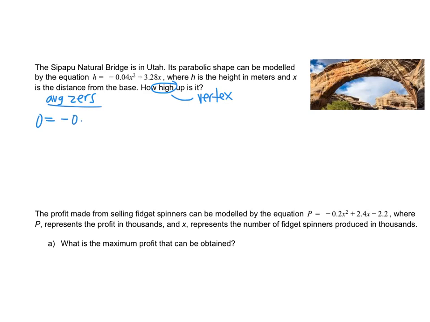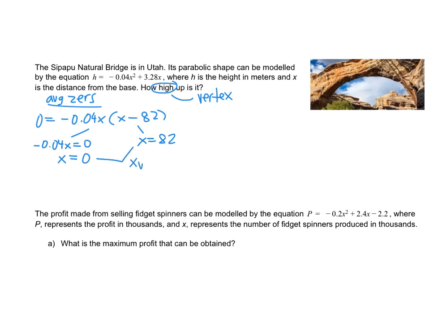So I'm going to factor out negative 0.04x, and then I'm left with x minus, and when I do 3.28 divided by negative 0.04, I get negative 82. Now if I solve for my zeros, when I set it equal to 0 and divide both sides by negative 0.04, I get 0 for one x-intercept and positive 82 for the other.